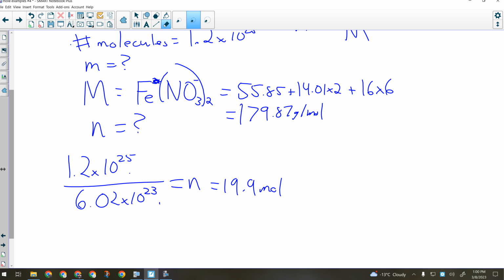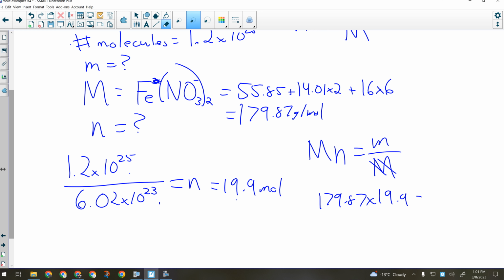Now that I know what n is, I can use the mole equation, n equals little m over big M, to get little m. So I'm going to multiply both sides by big M and plug into my formula. So I'll have 179.87 times 19.9, and obviously I'm keeping all the decimals in my calculator.